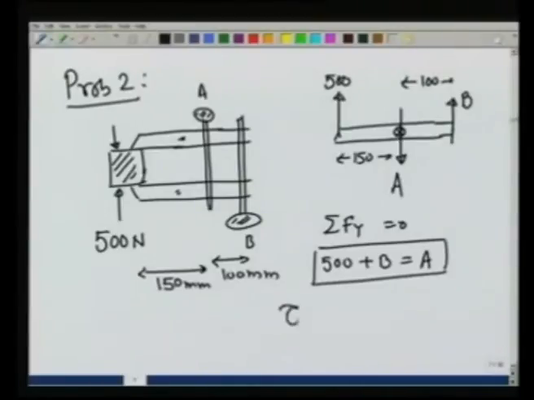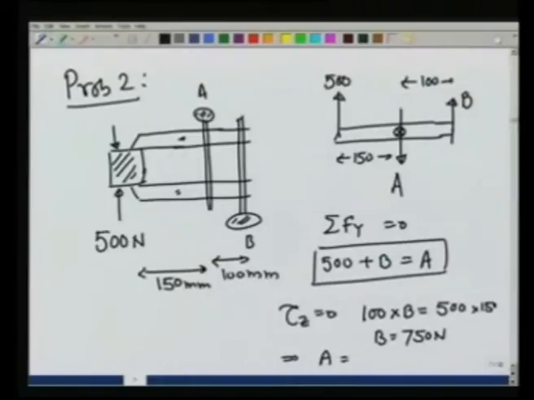So, tau z is equal to 0 gives me 100 times B is equal to 500 times 150, or B equals 750 newtons, and this implies A is equal to 1250 newtons. That is the other problem.